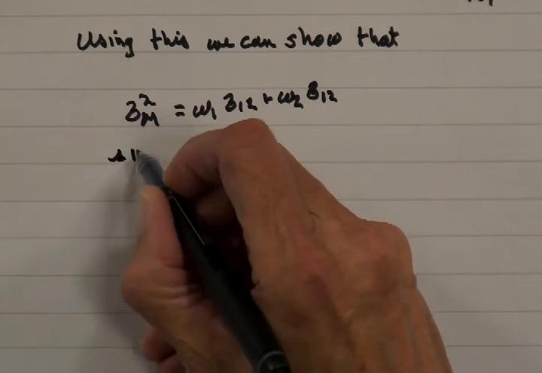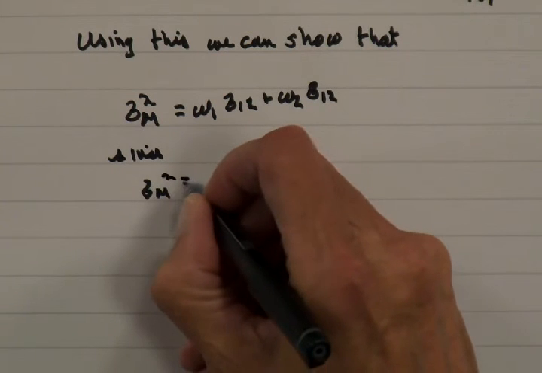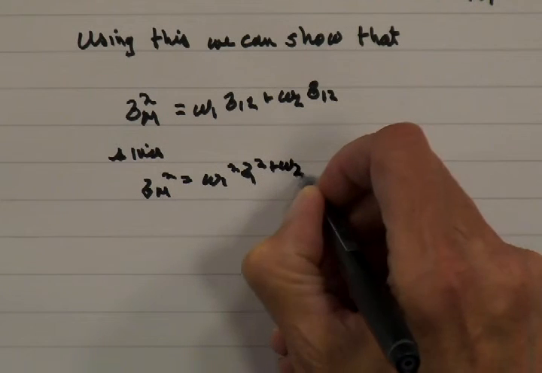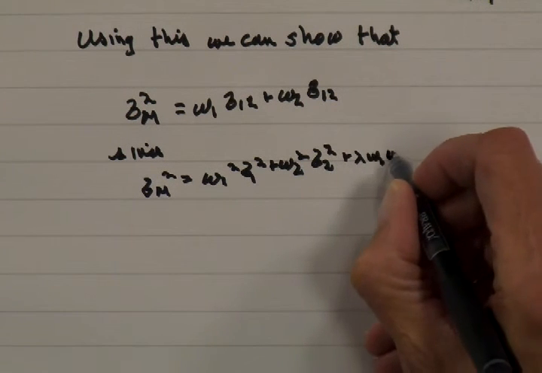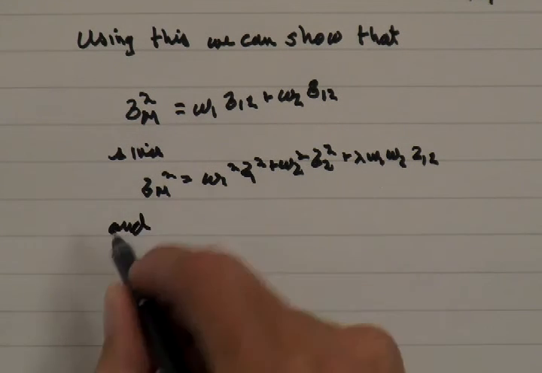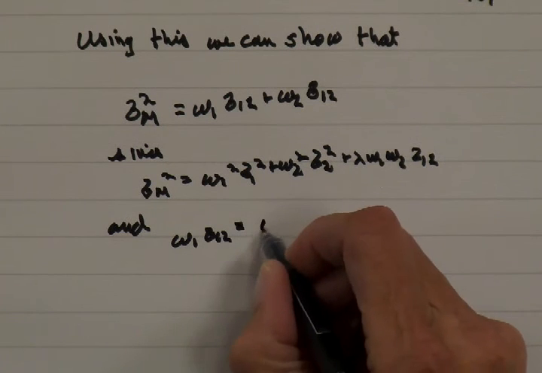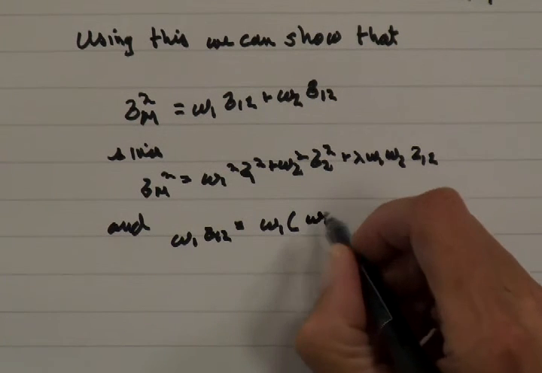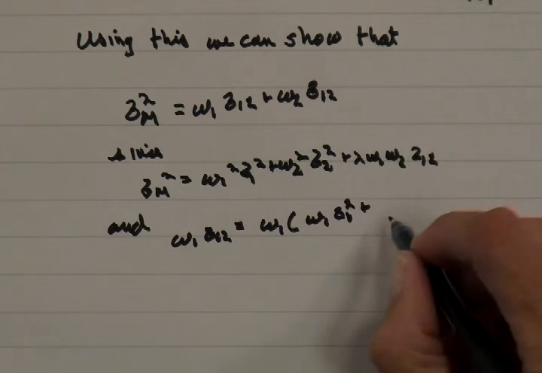Since we have that sigma M squared equals W1 squared sigma 1 squared plus W2 squared sigma 2 squared plus 2 W1 W2 sigma 12, and we have that W1 sigma 1M equals W1 times W1 sigma 1 squared plus W2 sigma 12.